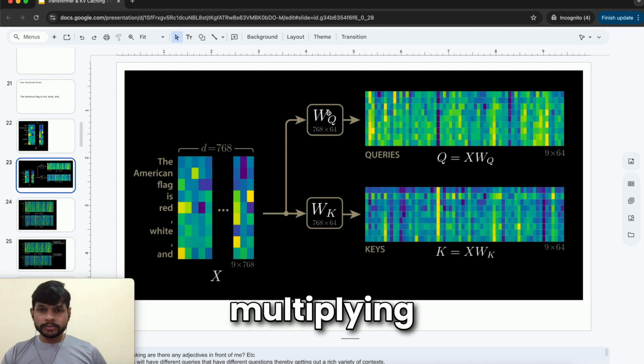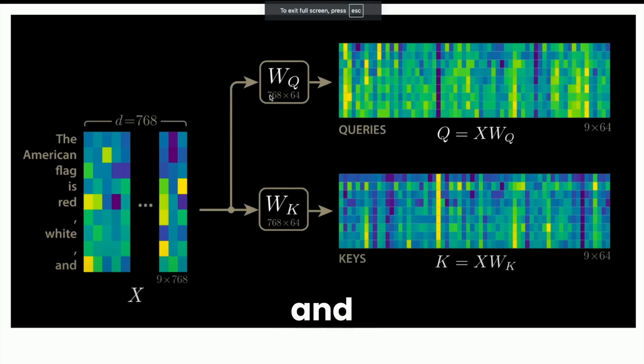And here we're multiplying it with a query matrix, and obviously its first dimension and the embedding dimension should match. We multiply these two to project to another dimension, which is 64, so that we get individual queries. Same thing with keys. So we get individual keys and individual queries of all of these tokens.